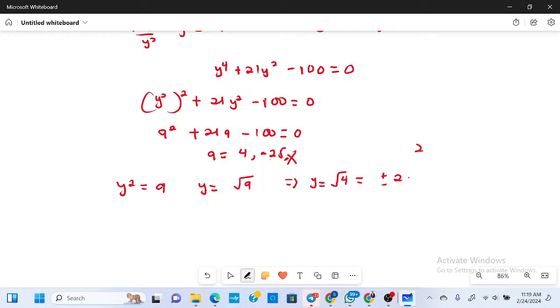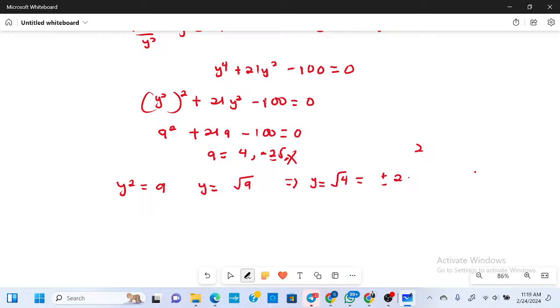But since this is negative 25, we will not consider this. Though we are in complex numbers, here we were making some substitutions and we are applying polynomials. So we don't consider the complex number system here because this is not part of our solution. It's the method we use. That is why we had this system.